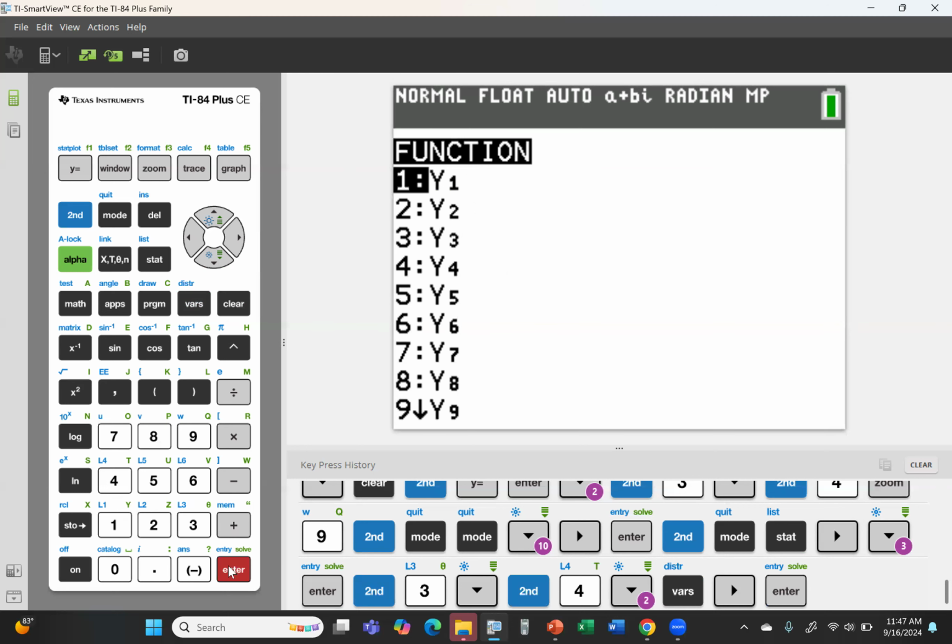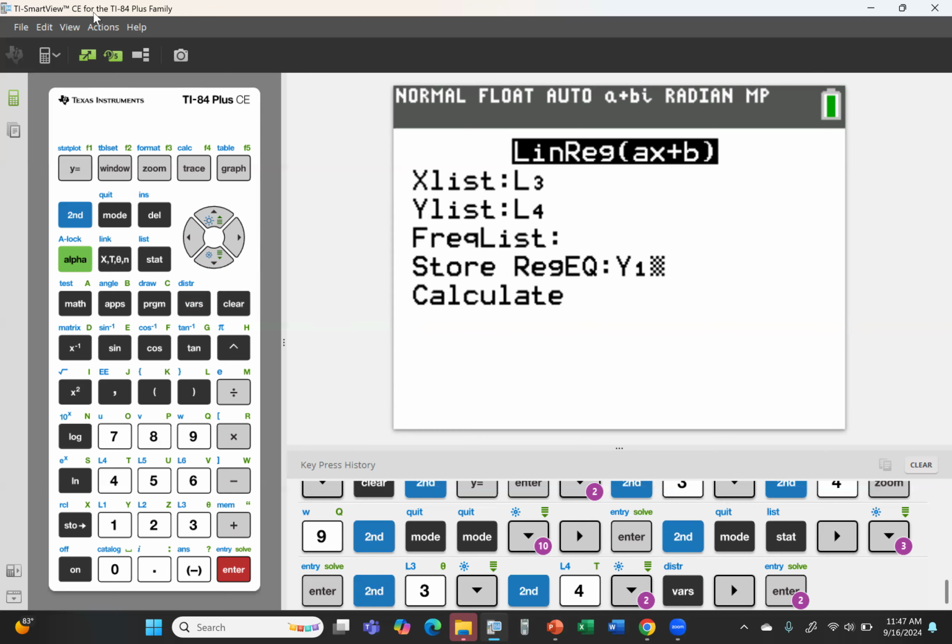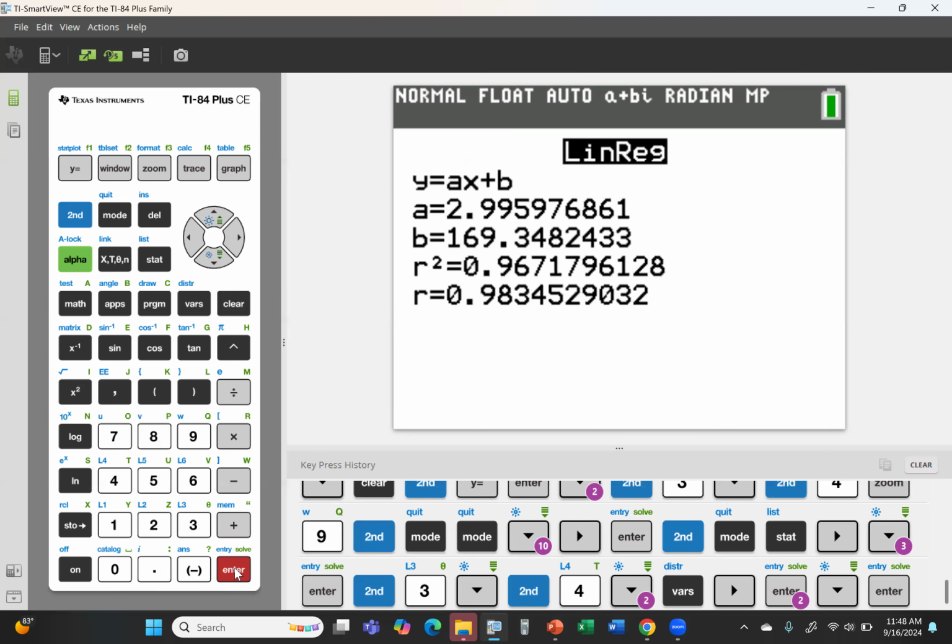So I hit enter. So now see if I'm good. My years are in L3. My population is in L4. I don't have a frequency list. And I'm going to store that regression equation in Y1. So we're going to now calculate. Okay, so in this list of numbers, the first number, A, is the slope of this linear function.